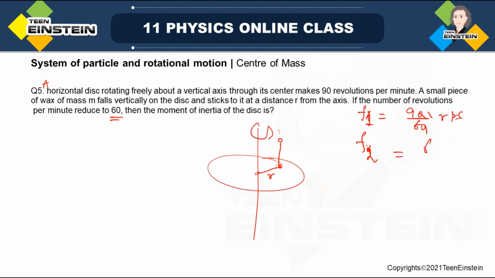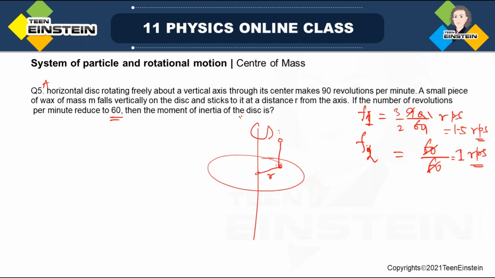F2 is 60 revolutions per minute divided by 60, so it is 1 rps. F1 is 90 by 60, which simplifies to 1.5 rps. So the frequency actually decreased.